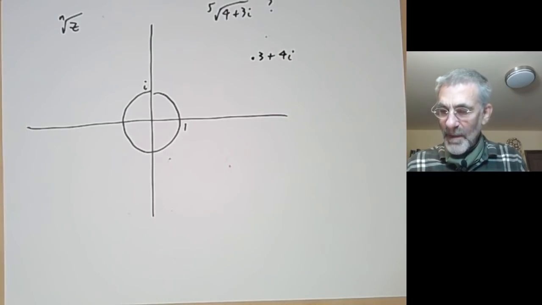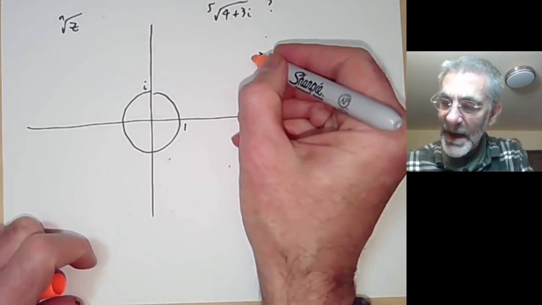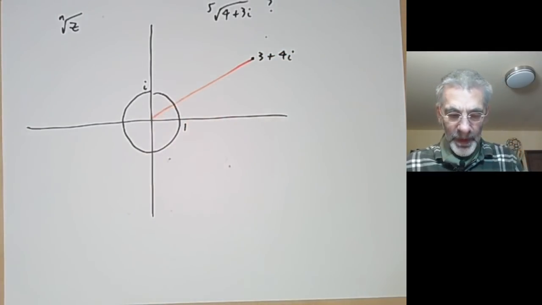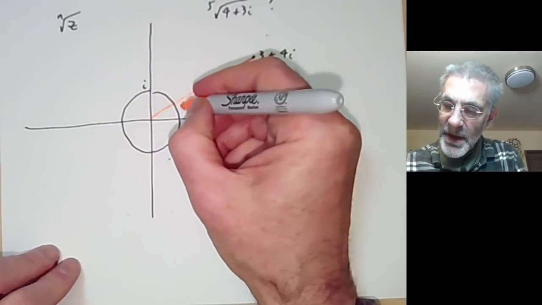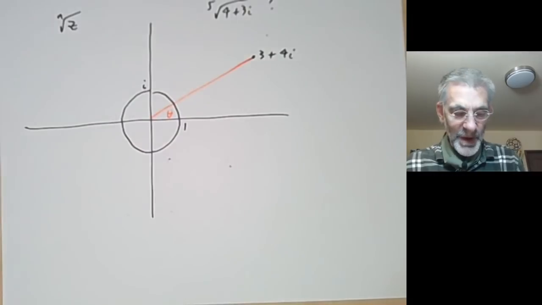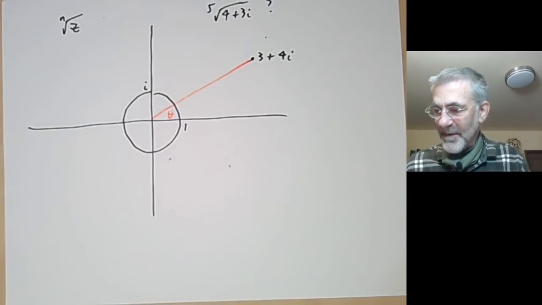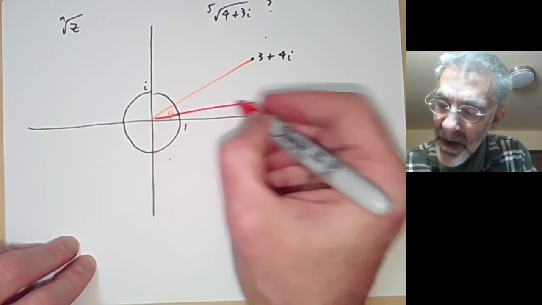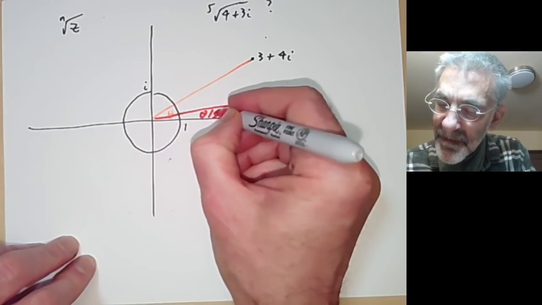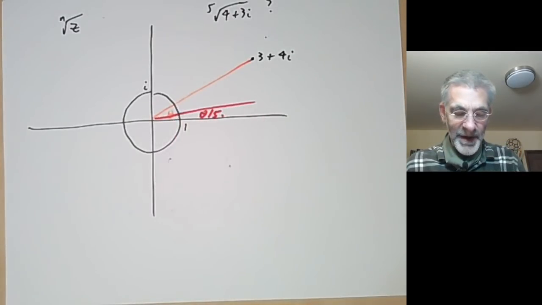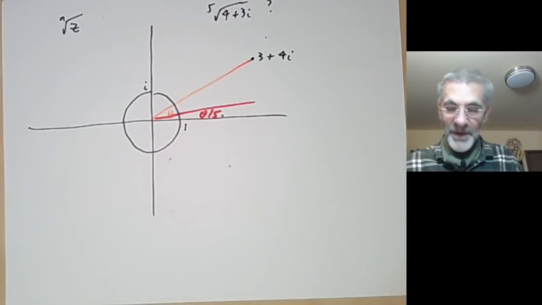And now we have to work out its argument and its absolute value. So what we do is we take the argument, theta, and we divide it by 5, so that when we multiply it by 5 again, we'll get back to what we first thought of. So here we have an angle theta over 5. So the 5th root is going to lie somewhere on this line. And now we have to take the 5th root of the absolute value.